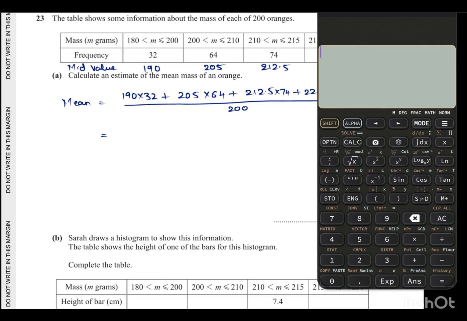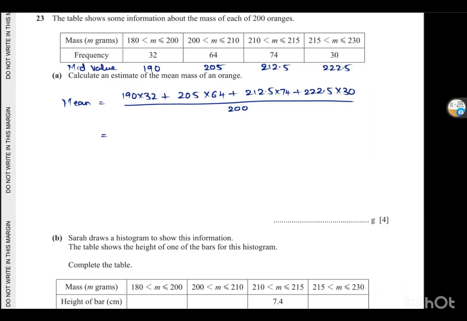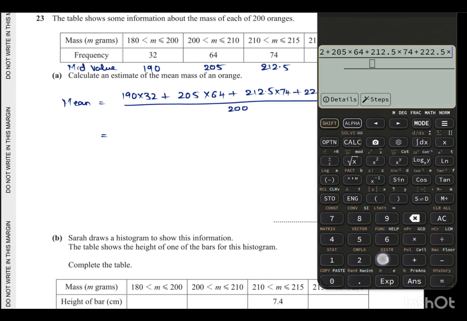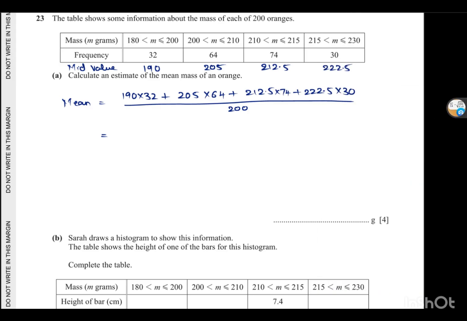Use the calculator. 190 into 32 plus 205 into 64 plus 212.5 into 74 plus 222.5 into 30 by 200 is 208. So it is 208 grams is the mass of each orange. Question A is over. Question B now.